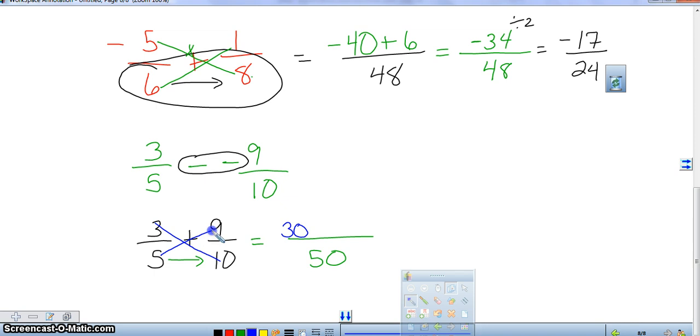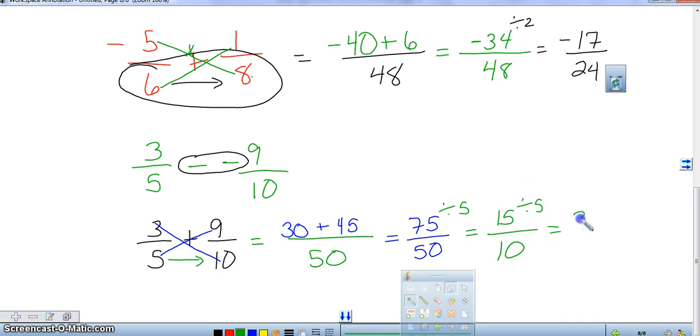And then 9 times 5 is 45. So I get 75 over 50. I can divide by 5. And so I would get 15 over 10. And if I divide by 5 again, I'd get 3 over 2. So this is good. Or we can do 1 and 1/2.